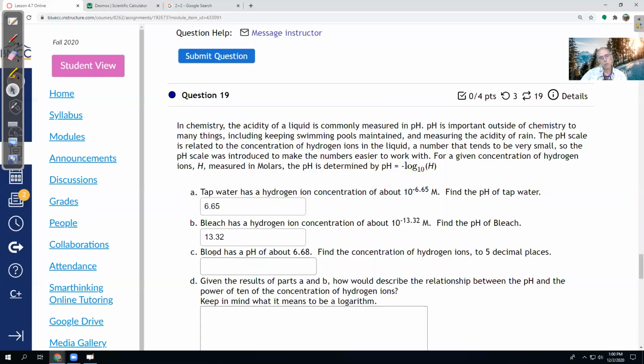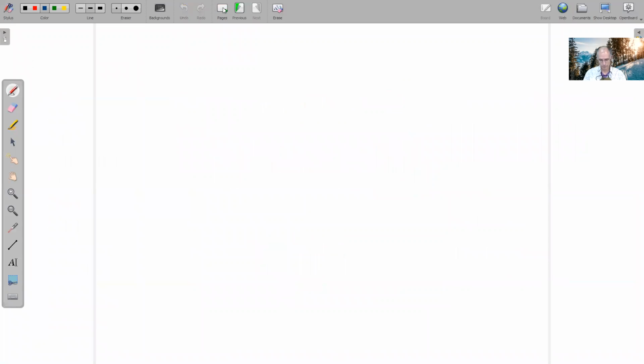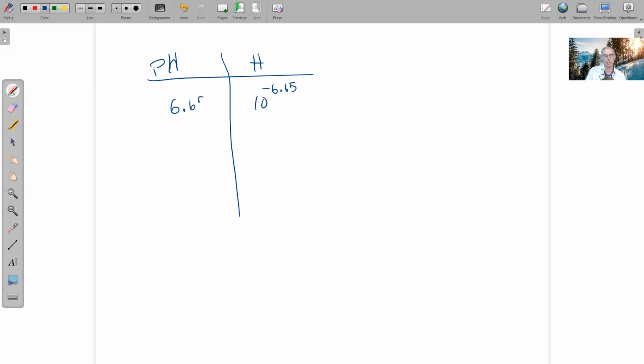All right, so next one, blood has a pH of about 6.68. Now, given the relationship that we see here, I just want to write that down on my screen on a new page. If I put this in a table where I have pH versus the concentration of hydrogen ions, H, the concentration of hydrogen ions for the first one was 10 to the negative 6.65, and the pH was 6.65.